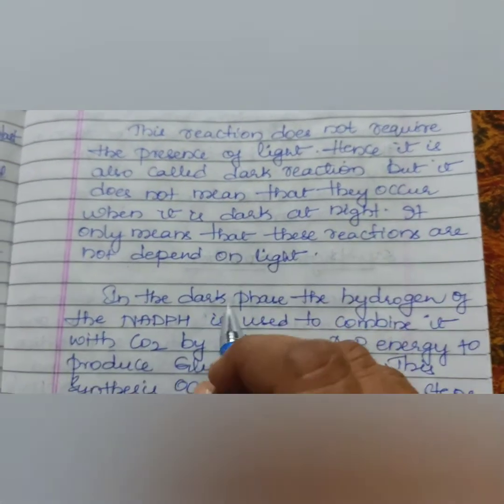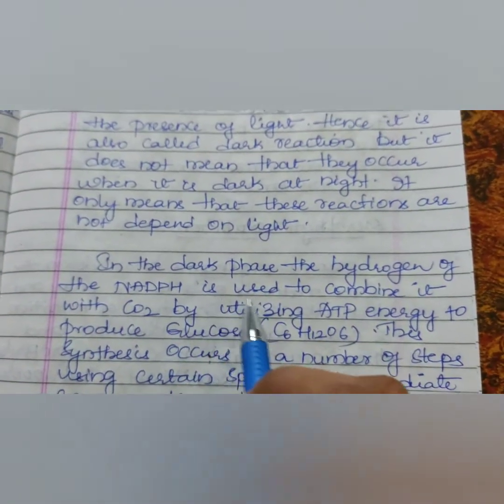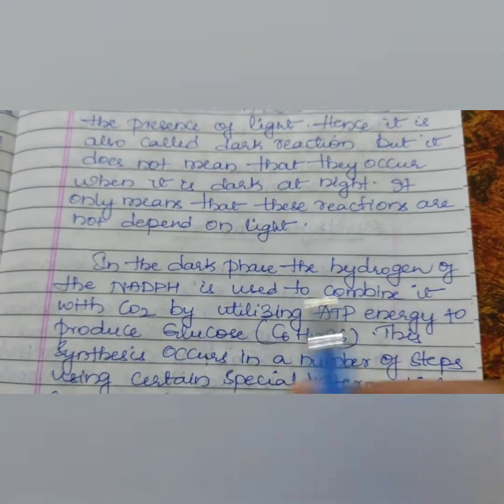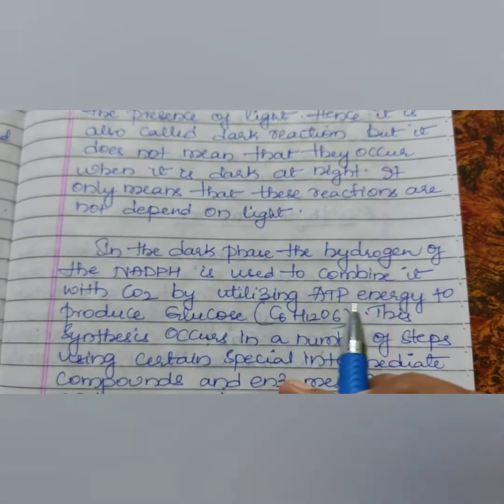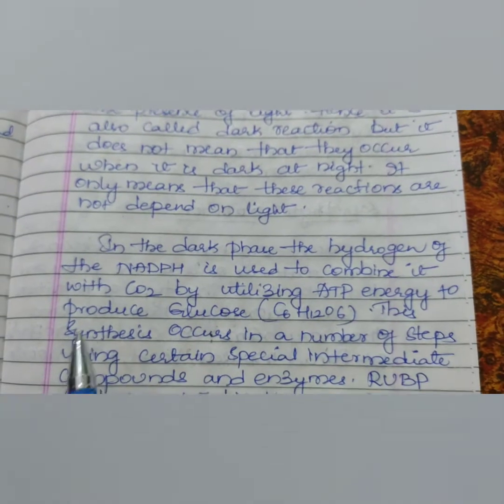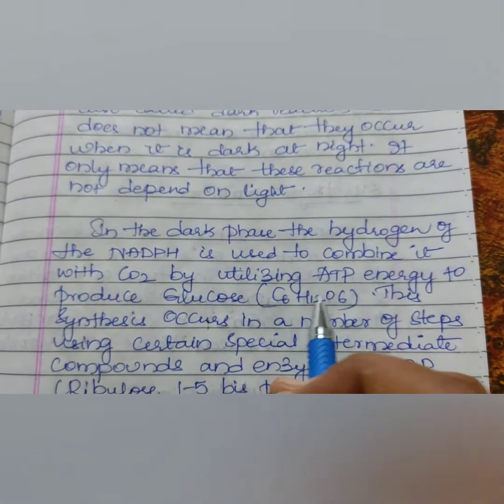In the dark phase, the hydrogen of the NADPH is combined with carbon dioxide by utilizing ATP energy to produce glucose. C6H12O6 is the glucose formula.